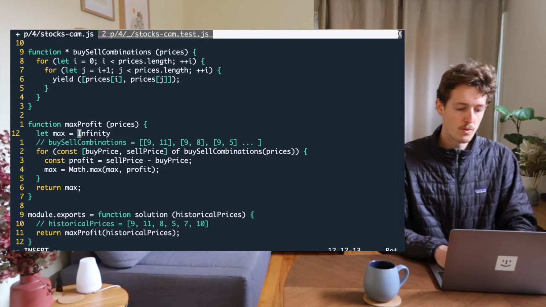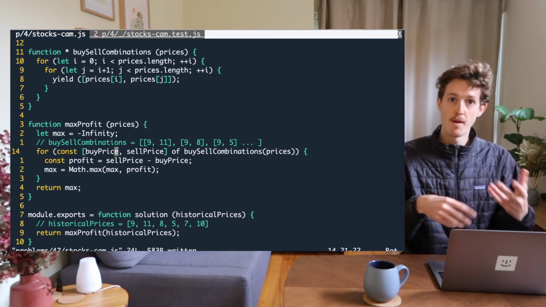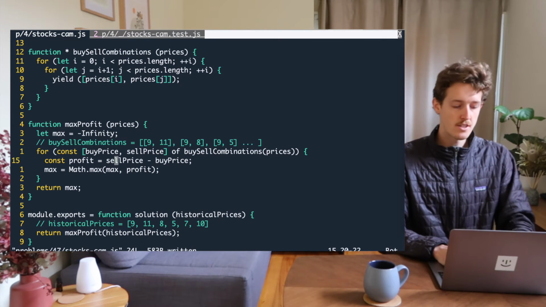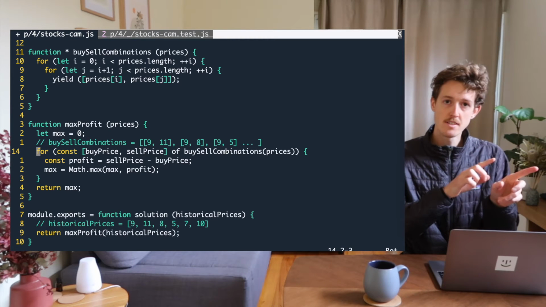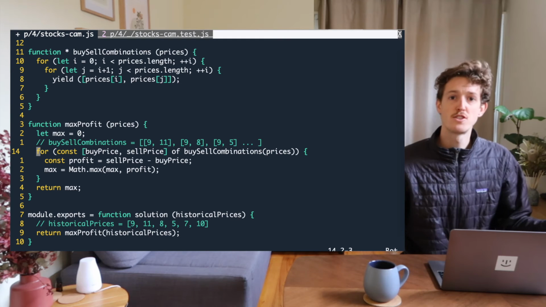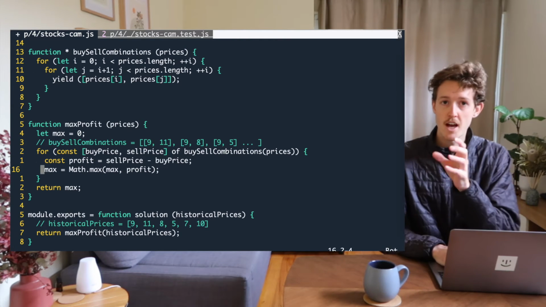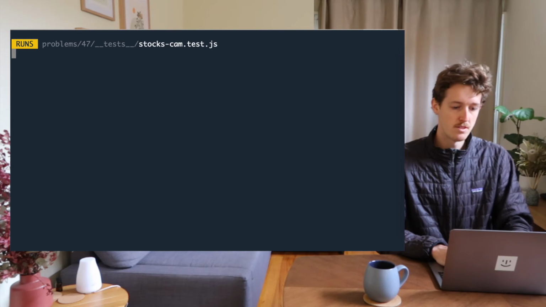So we want to start with minus infinity, right? The reason for that is we want any price greater than minus infinity to be our max profit. And to be honest, we want 0, right? Because if the best we could do was -2, we'd just say, well, don't do it. If you can't make any profit, then that profit's 0. So we'll set max to be 0.